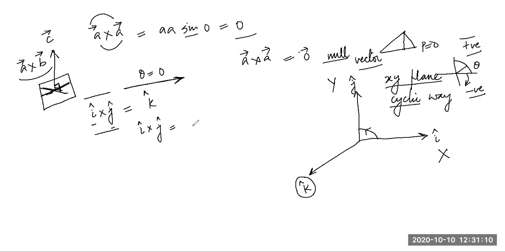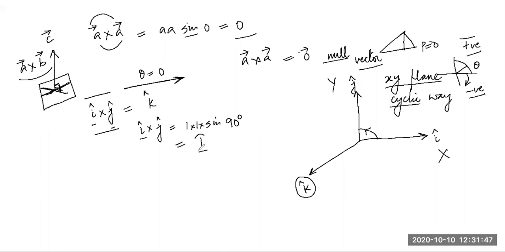This is equal to what? What is the magnitude of I? 1 multiplied by 1. See, I'm not using dot product. I'm just writing this dot to say 1 is getting multiplied by 1, multiplied by sine of the angle between I and j. What is the angle between I and j? 90 degrees. So this is equal to 1. But what is the direction of this 1?